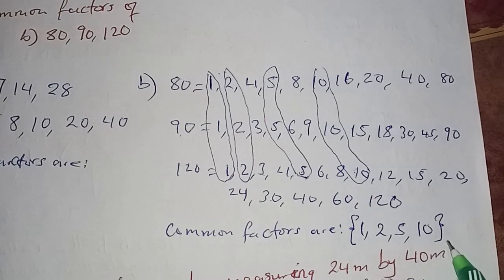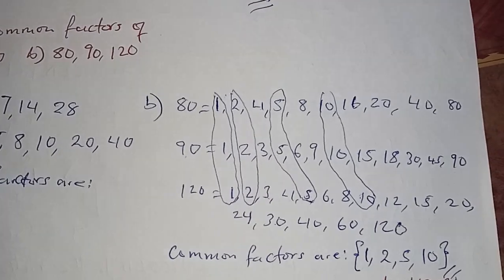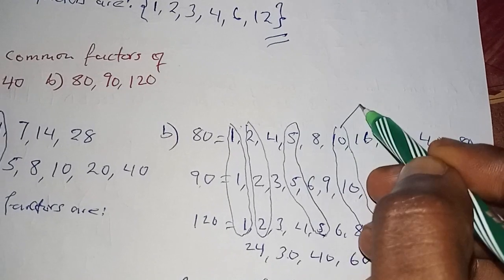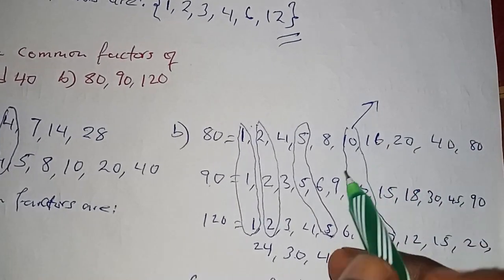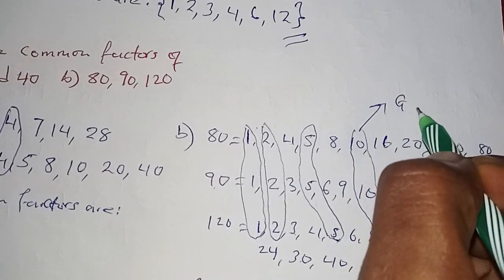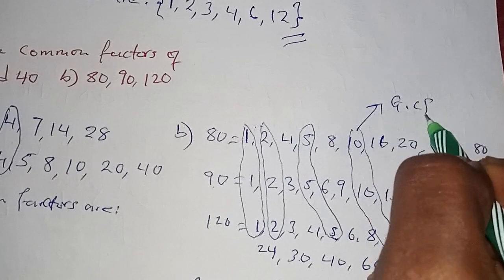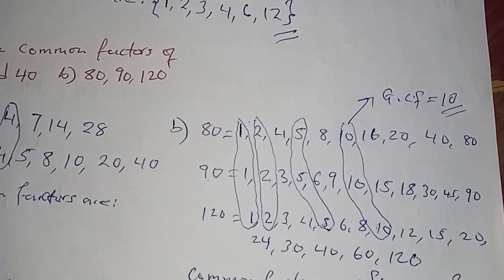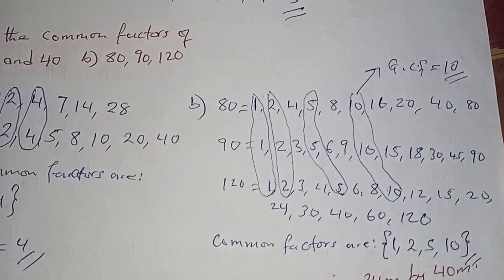This is our answer for this part. If the question was going to ask you to find the GCF for this part, you know this will be your GCF, the greater common factor. Just in case the question asks you for the greater common factor, it is going to be 10. 10 will be your greater common factor.